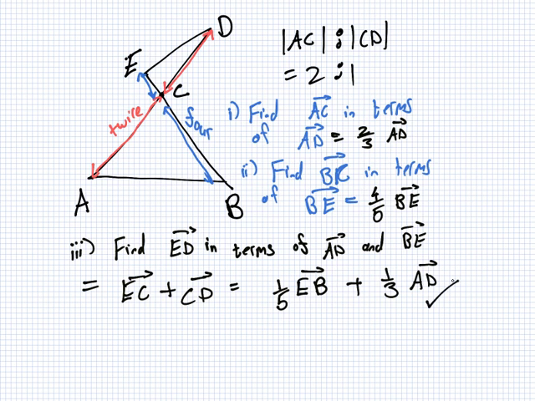Now that's fine, but what's the problem with this one? So EB, I really want to use BE, but the only difference is it's backwards. So I will have minus 1/5 BE plus 1/3 AD. Oh goodness, you distracted me with your Ed Sheeran stuff. Okay, I think that one wasn't too difficult, was it?